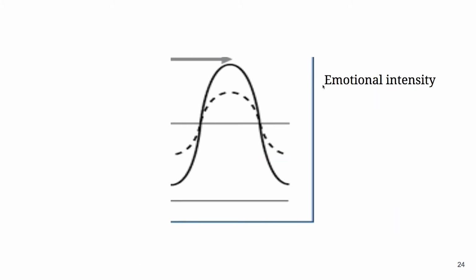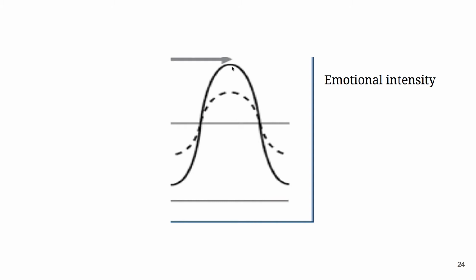Okay, so looking at this, let's talk about that example, because I just said a lot of things and you might be going, what do you mean by all that? Let's go back to our example of running into our ex. If we're always running into our ex every Wednesday, say at 2 o'clock, and this is emotional intensity, the higher we go, the more intense it is, and this is how I experience the situation.